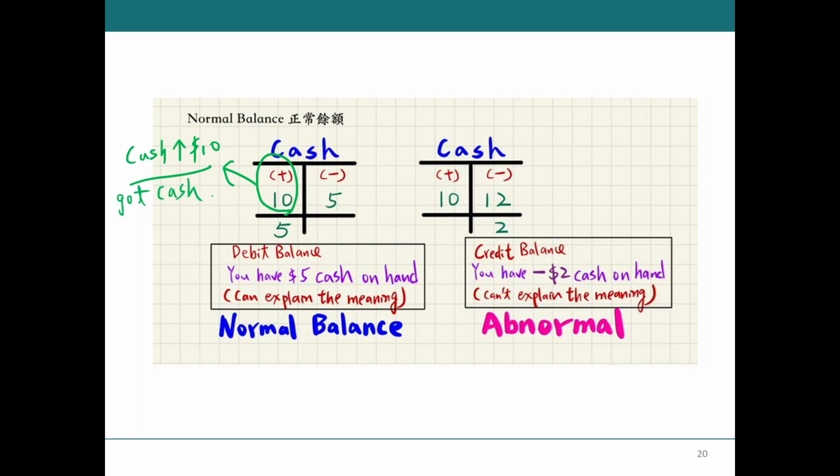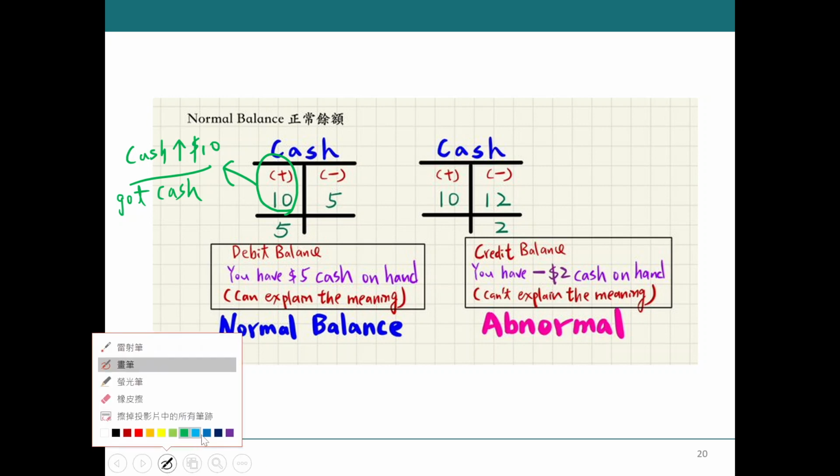Also, I got the cash. Have you spent your money? Sure, right? You will use your money to buy food, buy anything, to pay taxi fee, right? So that means your cash decrease. So cash decrease because you pay the cash to do something, right?